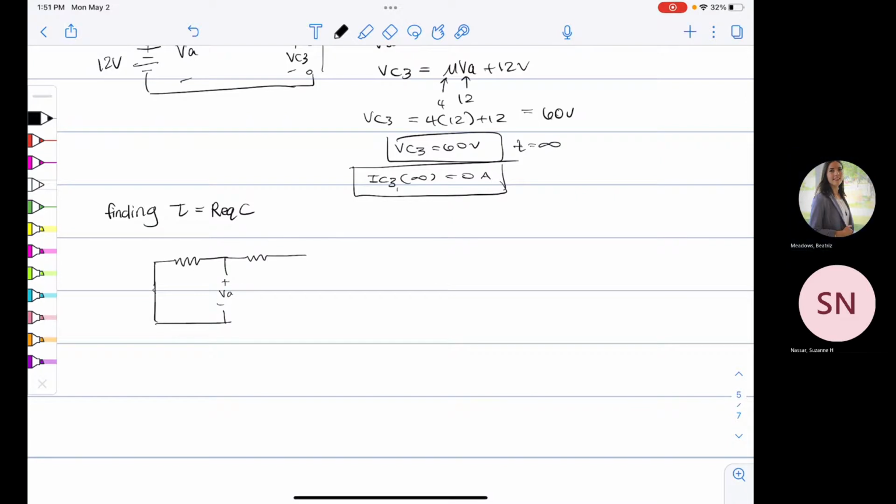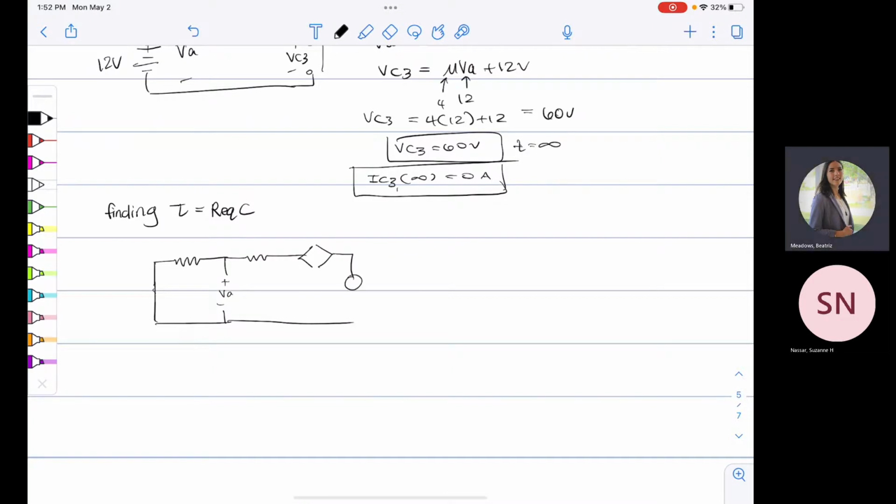Another one. And then we can represent the cap as a current source for now, because really we're just looking at the resistance coming in here, right? So this is kind of like a Thevenin equivalent.